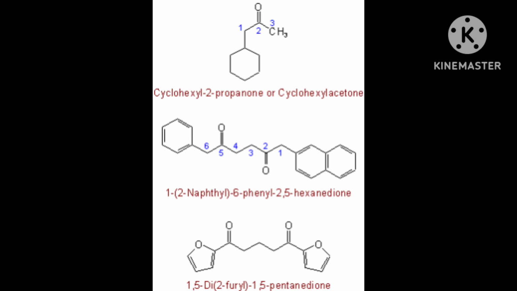This is the new thing. C double bond O, wherever a double bond is there, that carbon is sp2. Always you remember, if a triple bond is there, the carbon will be sp, and where single bonds are there, it will be sp3.